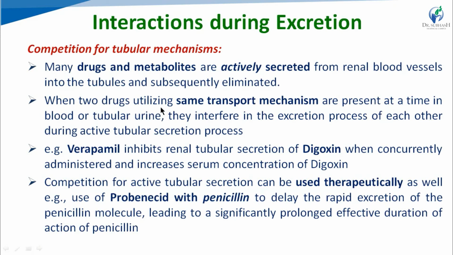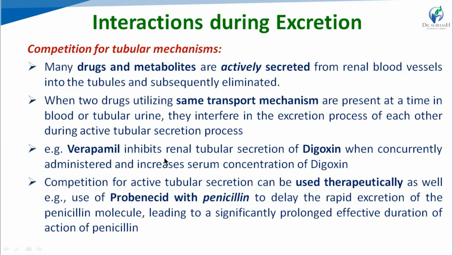When two drugs utilizing the same transport mechanism are present at a time in the blood or tubular urine, if we are giving two products at the same time and they have the same transport mechanism, in this condition these two drugs will interfere in the excretion process of each other during active tubular secretion, and due to that it will initiate an interaction between the drugs.